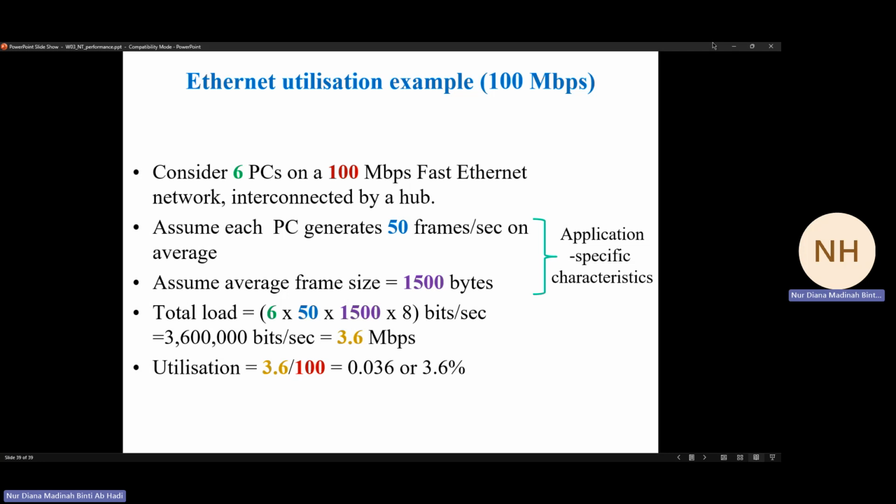Okay. So Ethernet utilization example, 100 Mbps. Consider you have 6 PCs on a 100 Mbps Fast Ethernet. Each of them is interconnected by a hub. Still remember your hub.